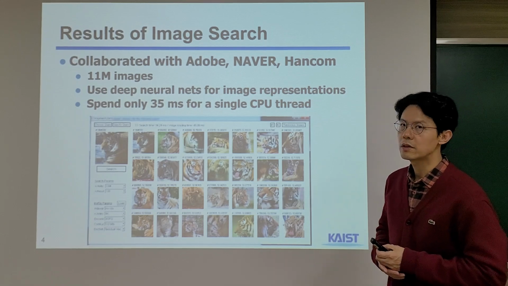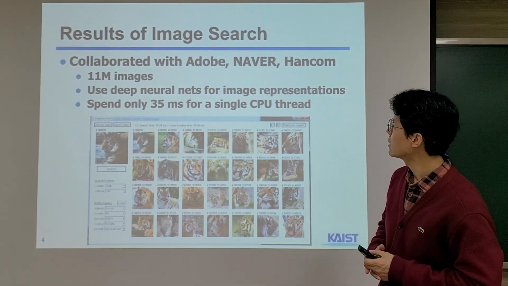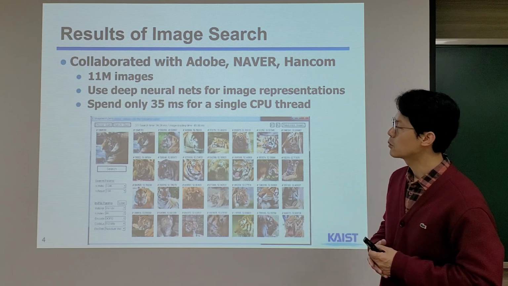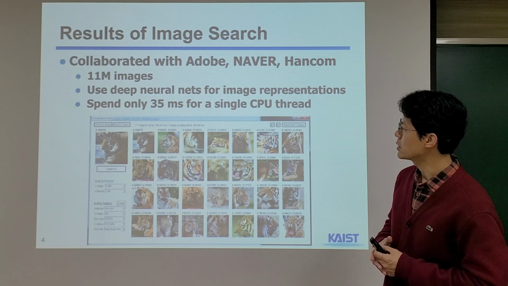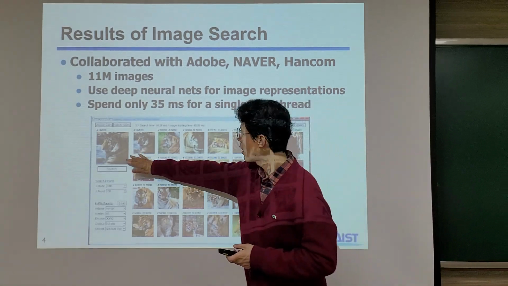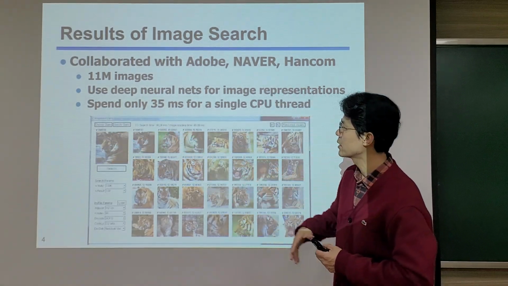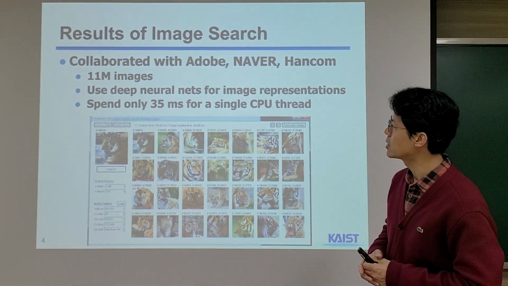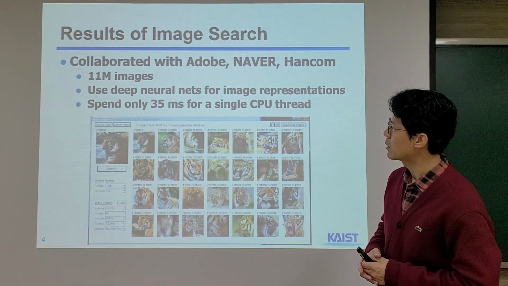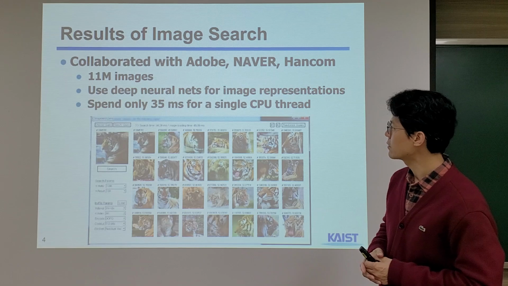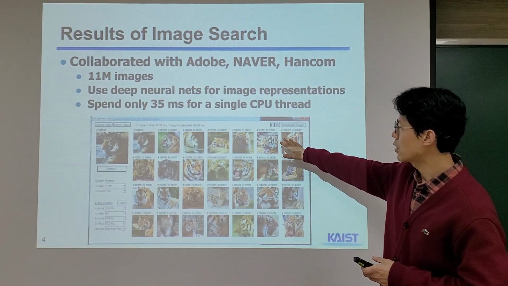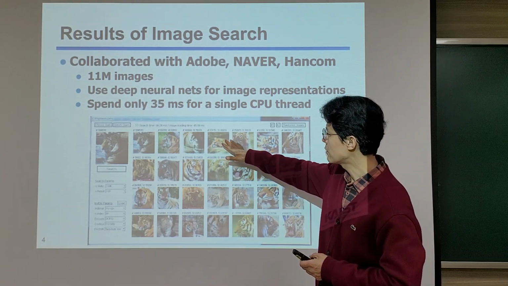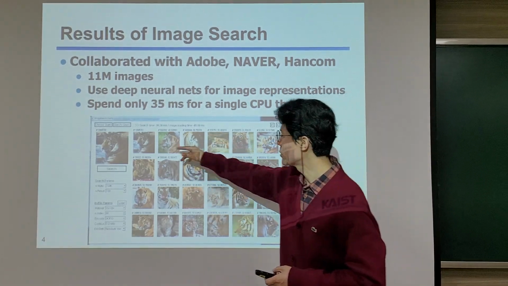I work with some people at Adobe and Naver and so on. This is an image search result we had a long time ago. Given this query image, out of about 11 million images, we spent only 35 milliseconds with a single CPU thread to identify similar images from the given query.